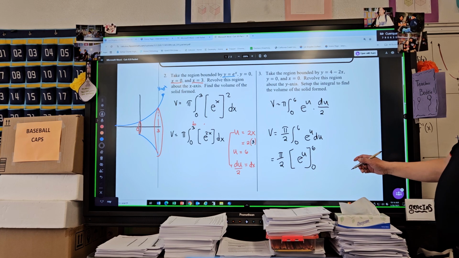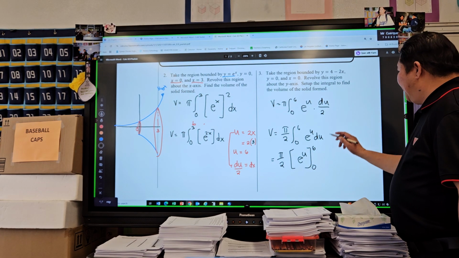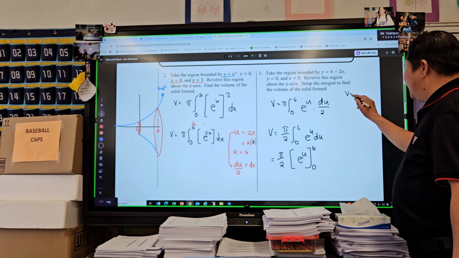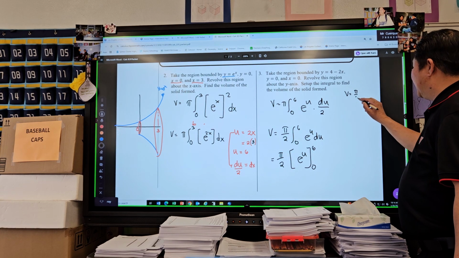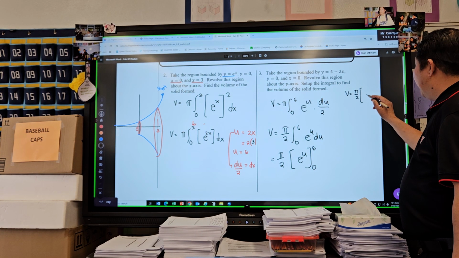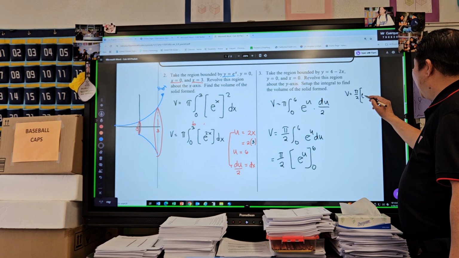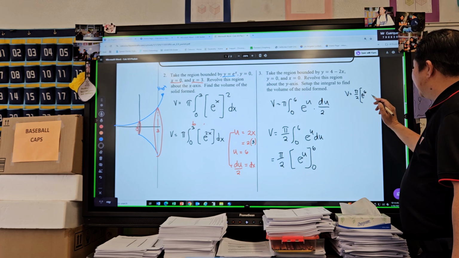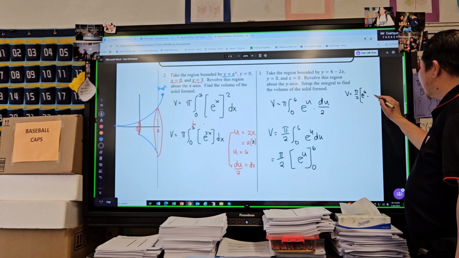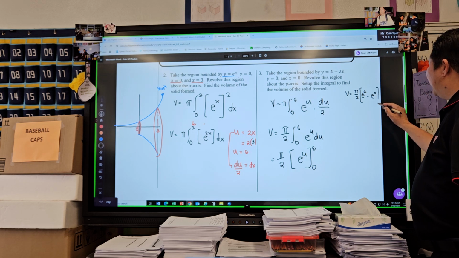So this implies that volume is equal to pi over 2, and then you have e to the power of 6 minus e to the power of 0. Am I clear, guys?